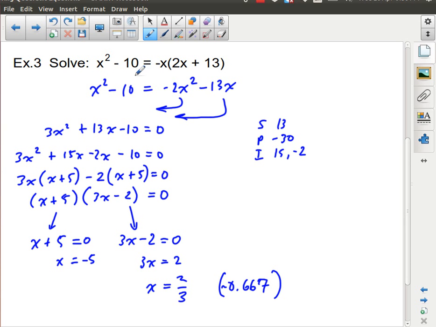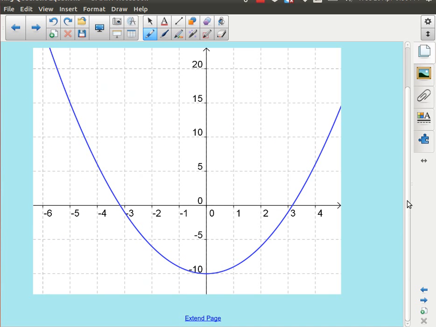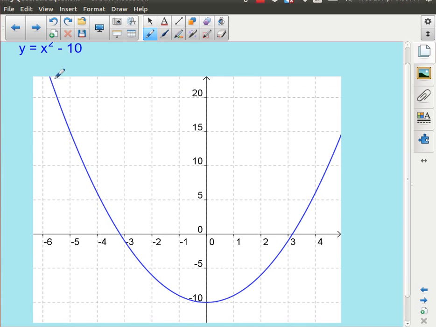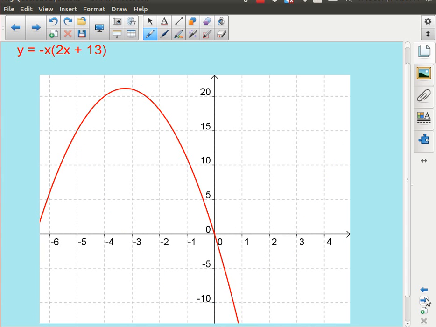Now let's think about this equation. I talked about how you could look at the picture of things, so let's look at the picture involved here. Here is the left side of the equation, y equals x squared minus 10. This is a parabola that opens up and has a y-intercept at -10. Here's the second equation, y equals -x times 2x plus 13.